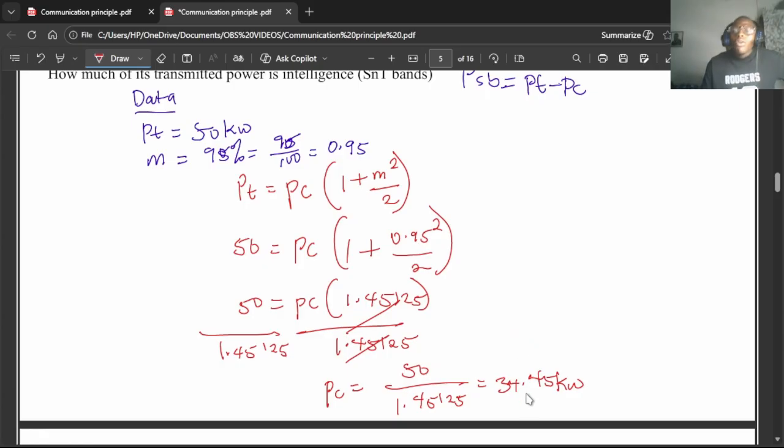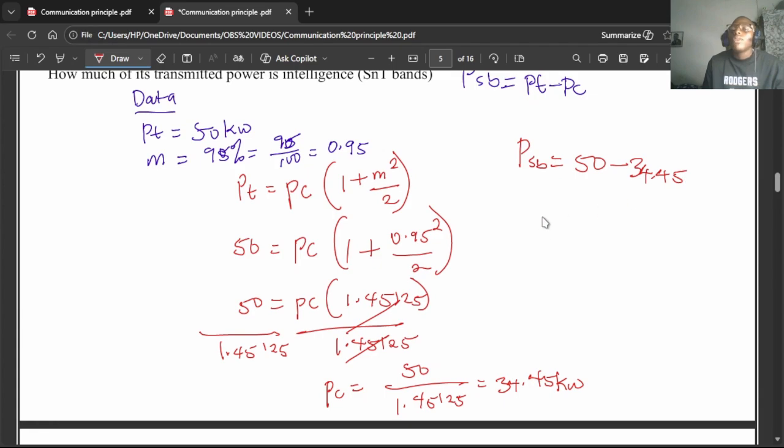Now remember, we've gotten your PC and you've gotten your PT. So you can calculate for your intelligence transmitted power. And you said your intelligence transmission power is also your power in the sideband. That's what you were asked to calculate for. So your PSB will now be equal to your PT, which is 50, minus your PC, which you now know to be 34.45.